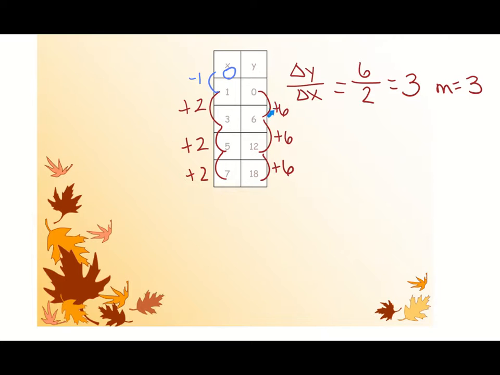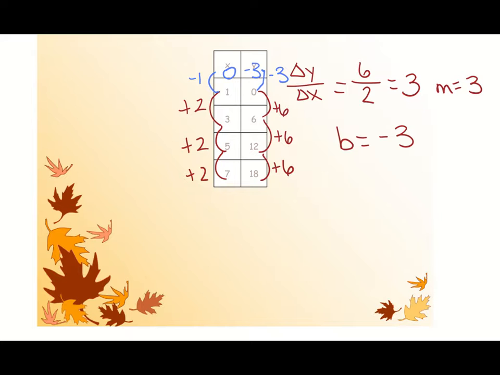If I'm adding 6 as I go this direction in the table, when I go backwards I have to subtract half of 6, which is minus 3. So 0 minus 3 gets you back to negative 3. My y-intercept would be at (0, -3). So my b is negative 3.